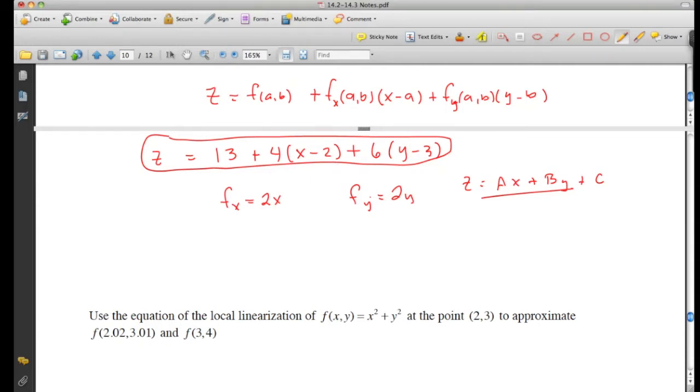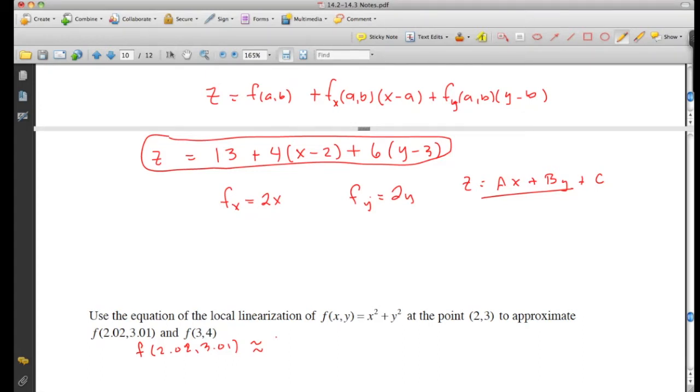So making an approximation here, f of 2.02 and 3.01 can be approximated by plugging those coordinates into this function.